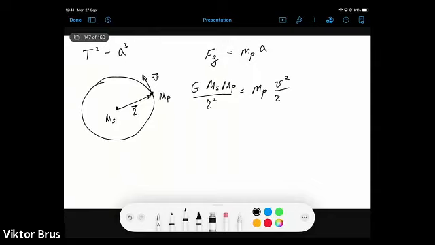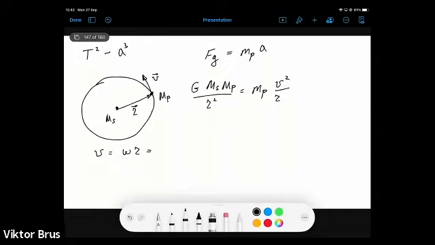We discussed this in previous discussions. We also remember from circular motion that the linear velocity is equal to the angular velocity omega times the radius.